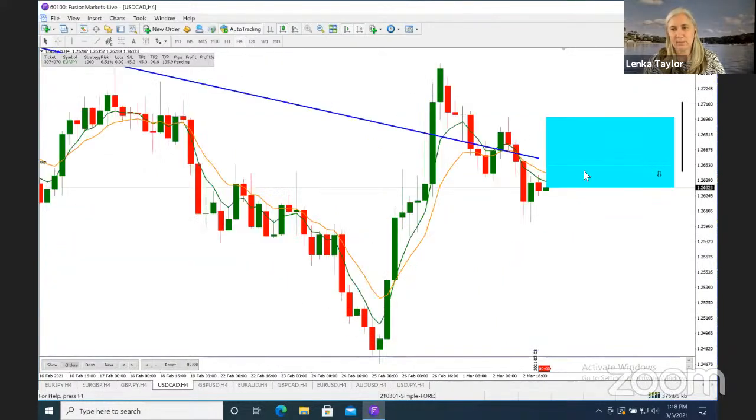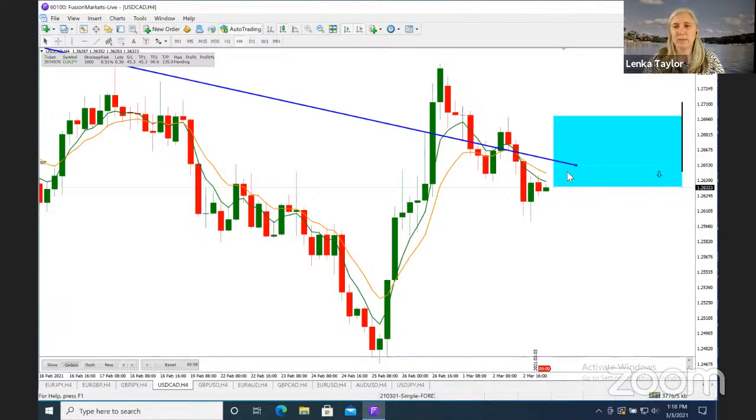So the price went above. I'm just looking for more of a confirmation here. If the price would come, maybe just going a little bit more sideways and then a strong price action in the downward direction.